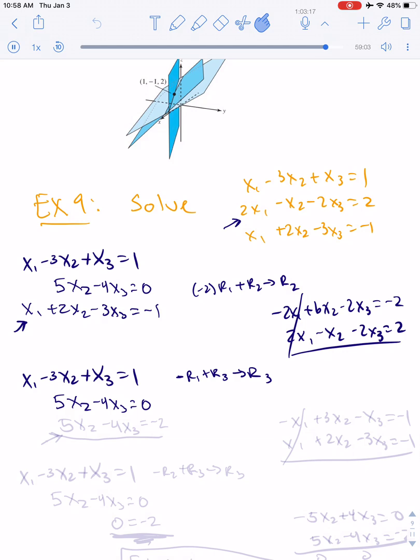So the first two rows stay the same, and we said negative times the first row, so -x1 plus 3x2 minus x3 equals -1. Added to the third row, x1 plus 2x2 minus 3x3 equals -1. That'll give me 5x2 minus 4x3 equals -2.